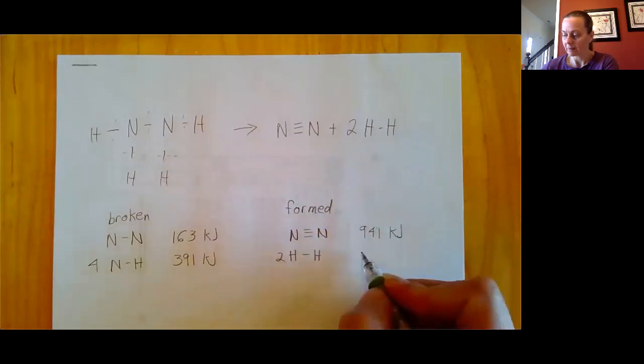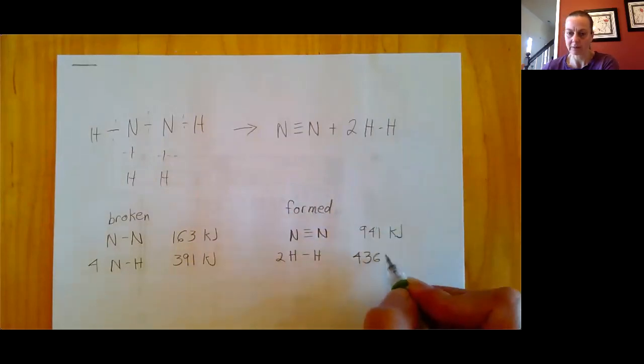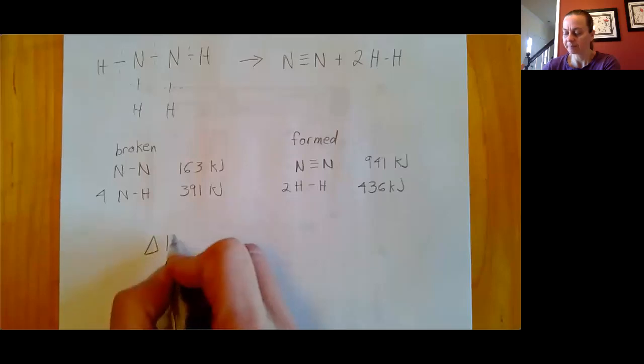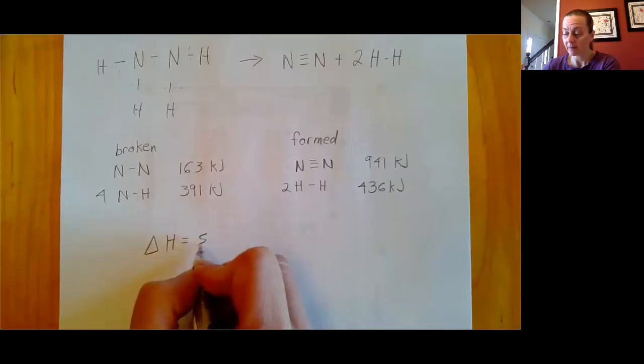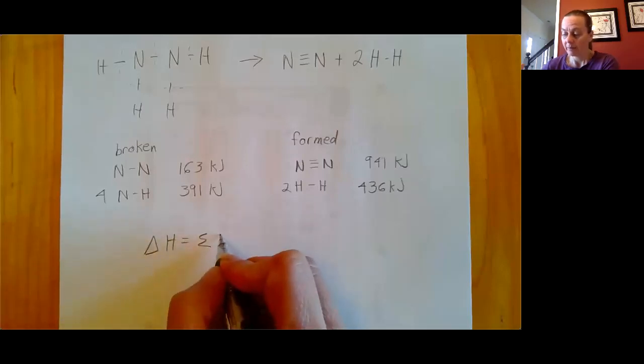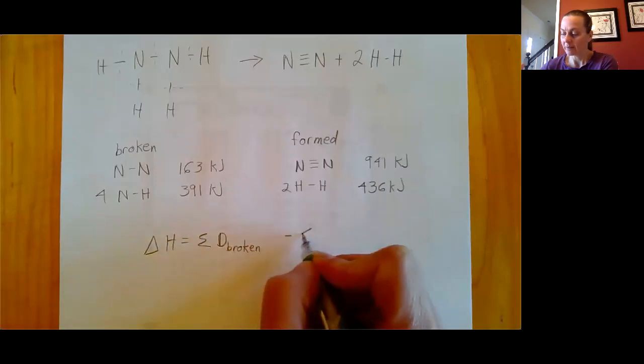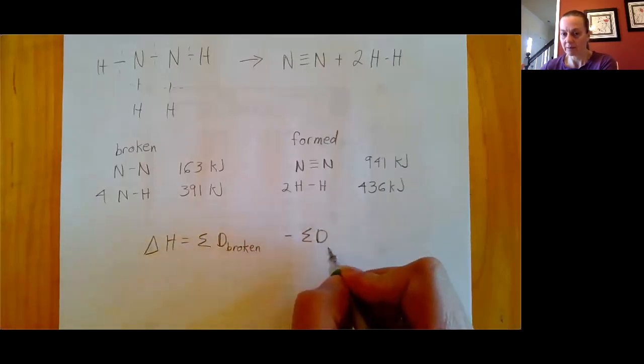And we see that the enthalpy of this bond, the hydrogen to hydrogen bond, is 436 kilojoules. And so delta H is going to be the sum of the enthalpies of the bonds that are broken minus the sum of the enthalpies of the bonds that are formed.